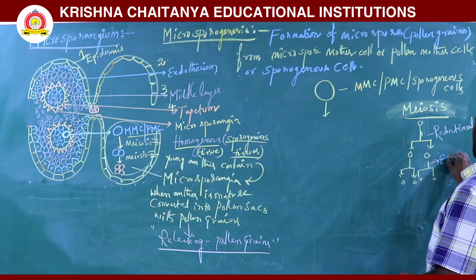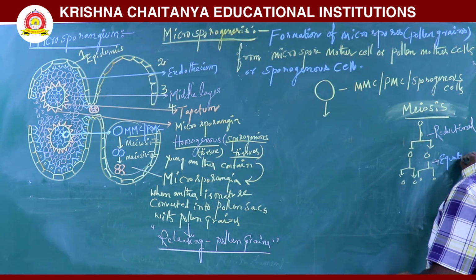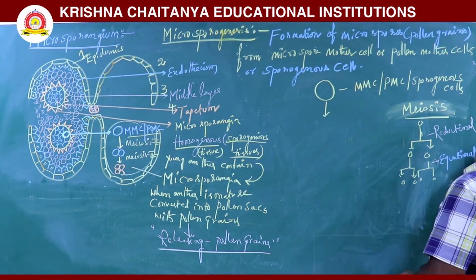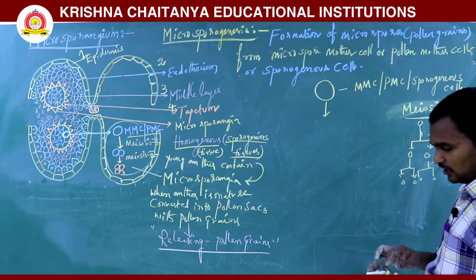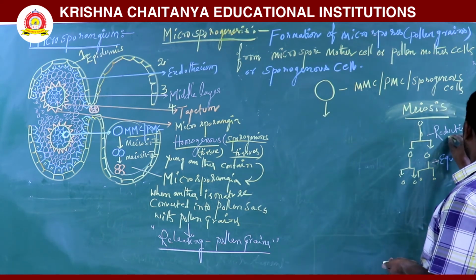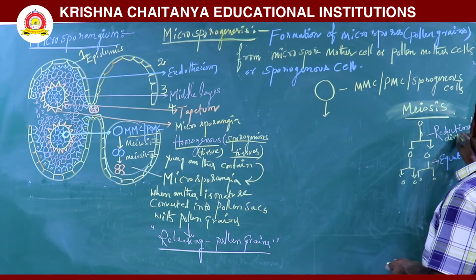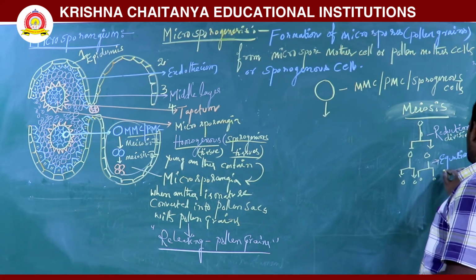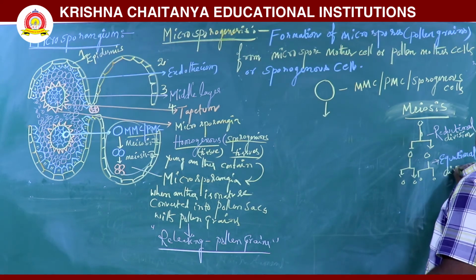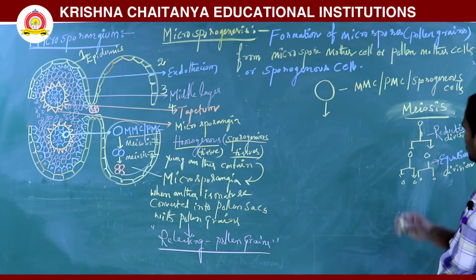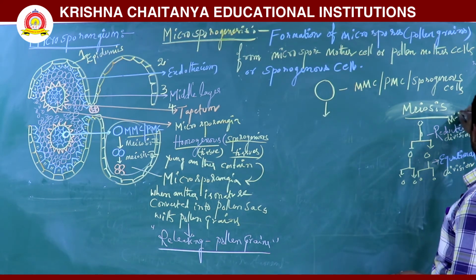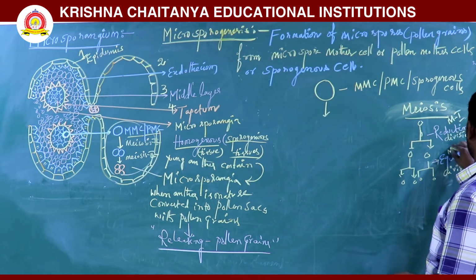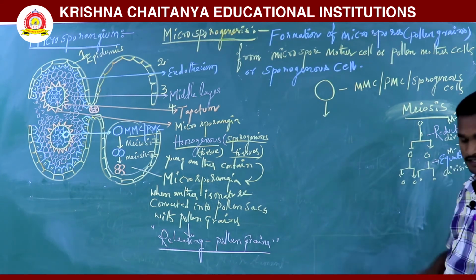One is reductional division, and the other is equational division. You should remember this. This is meiosis 1, and this is meiosis 2 that takes place.